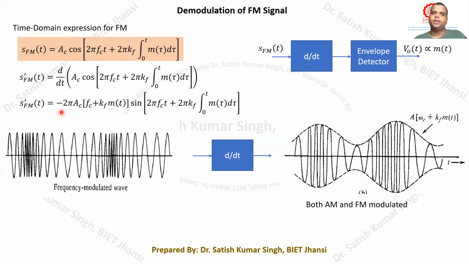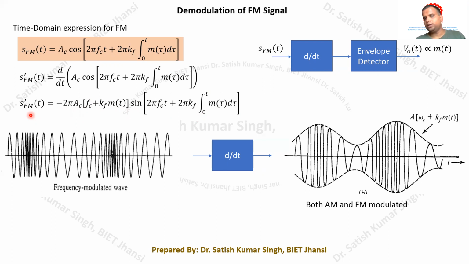So this envelope is now message dependent, having f_c plus k_f multiplied with m(t). Its amplitude is no more constant once we perform the differentiation. Based on that, we go for the demodulation of the FM signal.